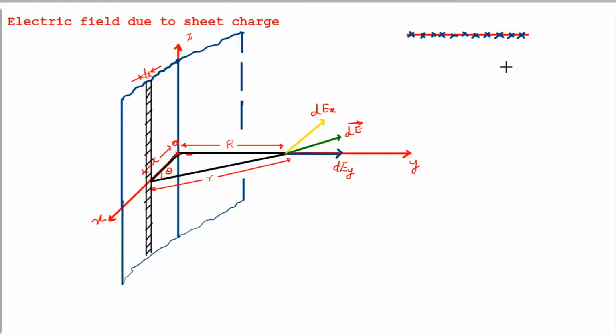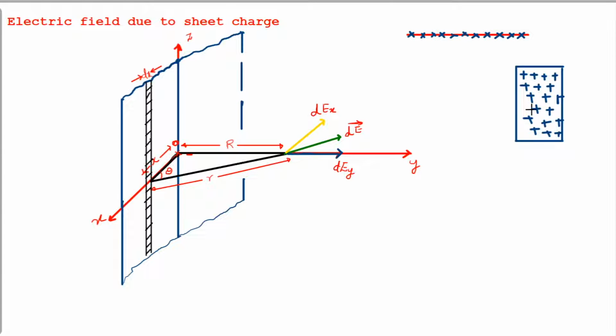Now listen carefully. If I consider a sheet of charge, so this is a sheet full of charges, I can assume that this sheet of charge is filled with so many point charges.